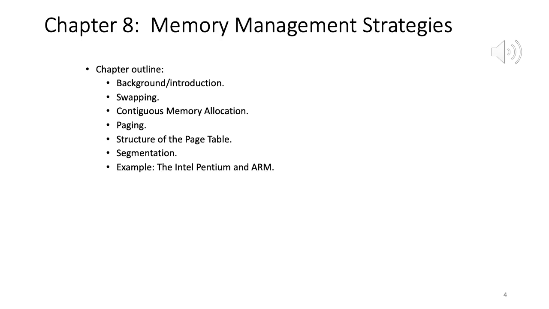Finally, we'll do some case studies in which we will discuss the memory management strategies employed in many real life systems, such as the Intel Pentium chip and the ARM chip. As you can see, the main crux here is to discuss various memory management strategies.